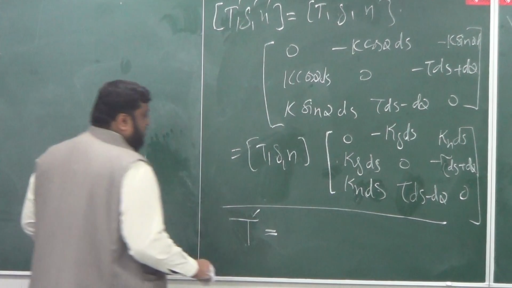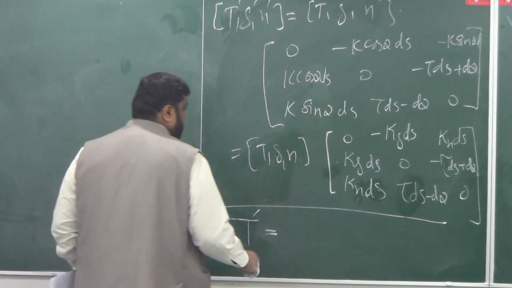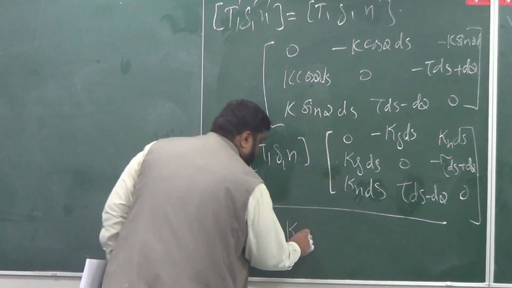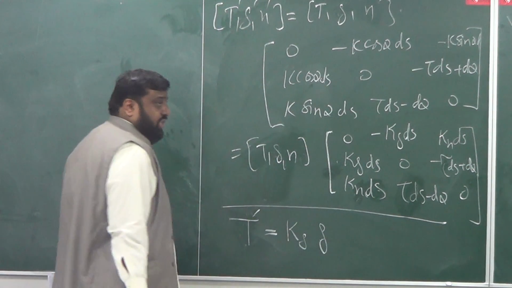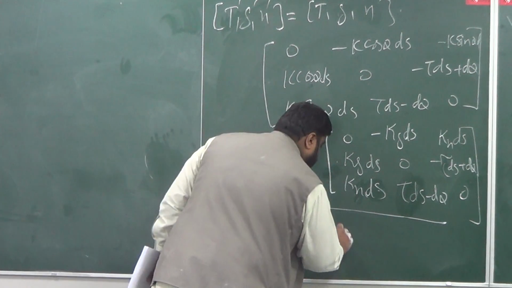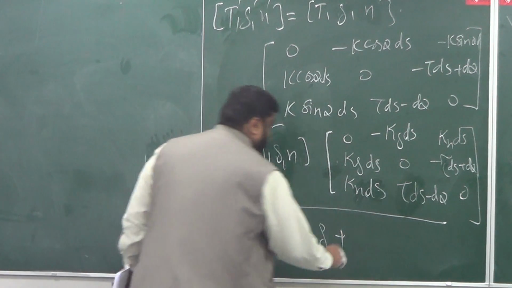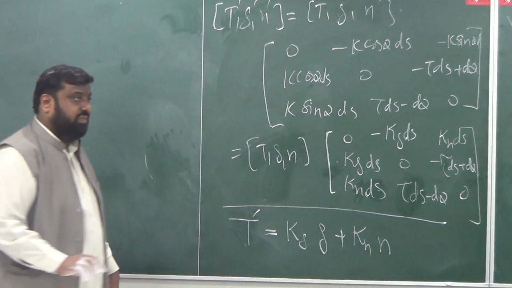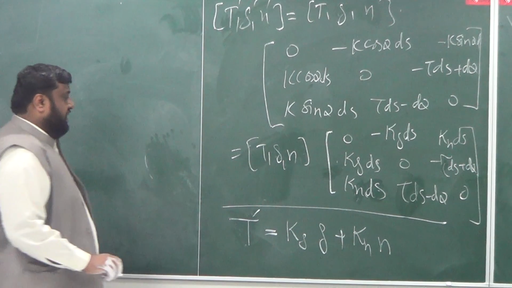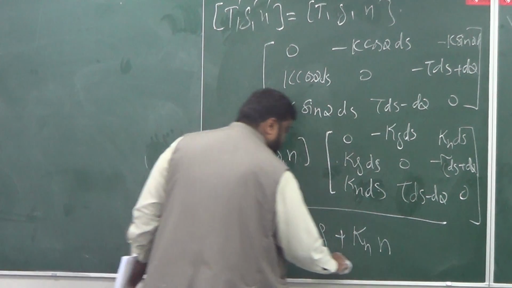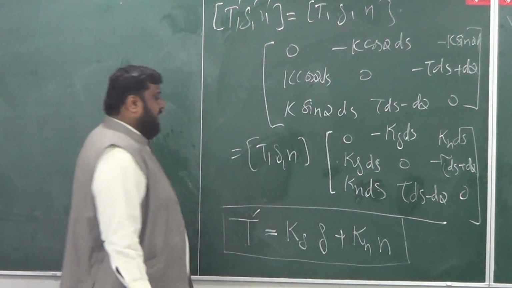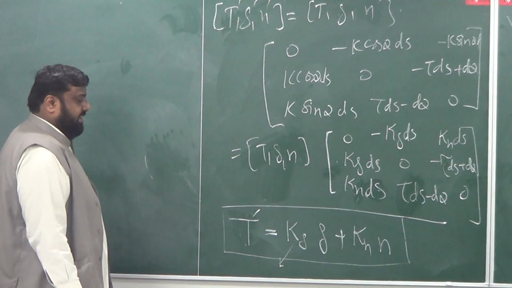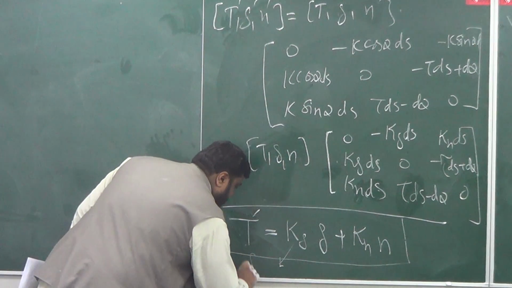So if you have this, then your T prime is going to be kg times this vector G plus kn, the kappa n, times the normal vector of the surface. Okay? In other words, now this guy kg is called the geodesic curvature.